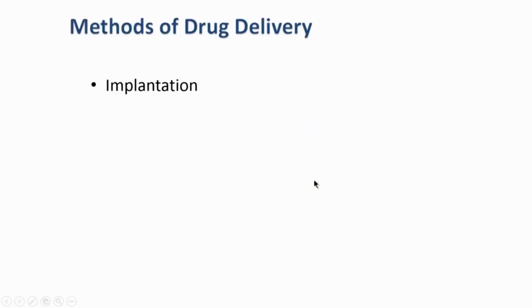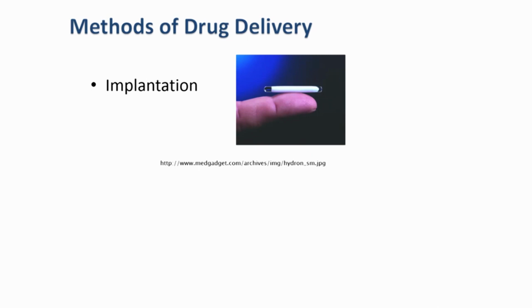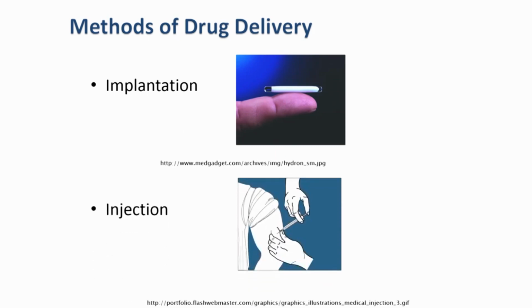And then methods of delivery are important, whether it is going to be implanted or some other route. If it is implanted, you are looking at a big implant, by big I mean something that can be used for a surgery. So you are looking at some macro device, or this could be injection. You do not really require a surgery, but you would still require some sort of procedure.